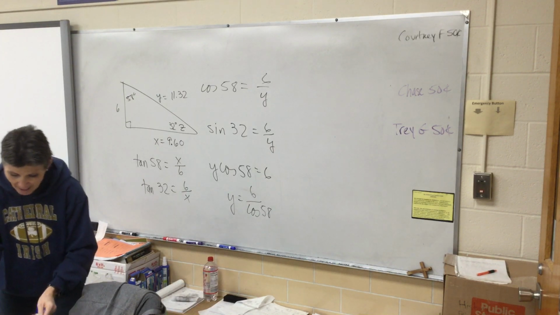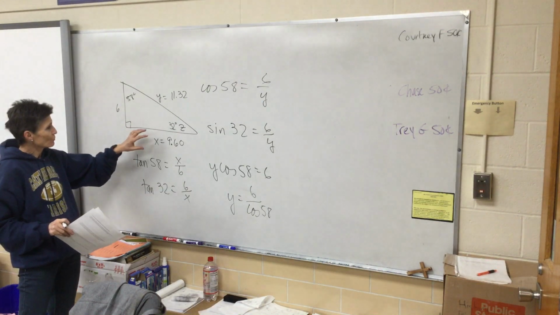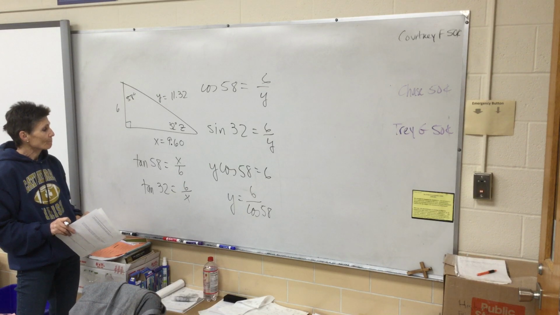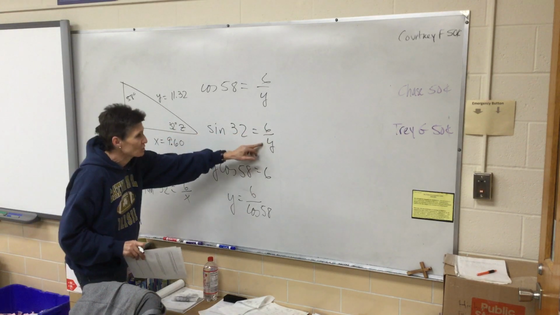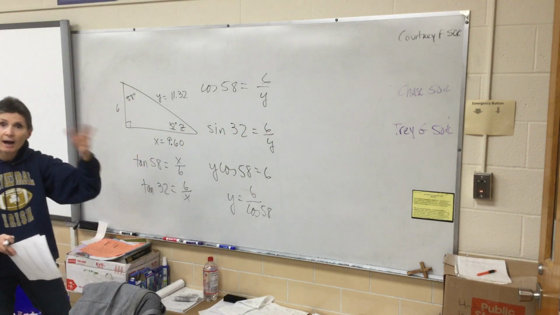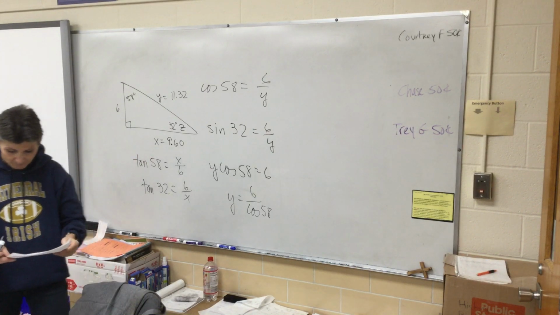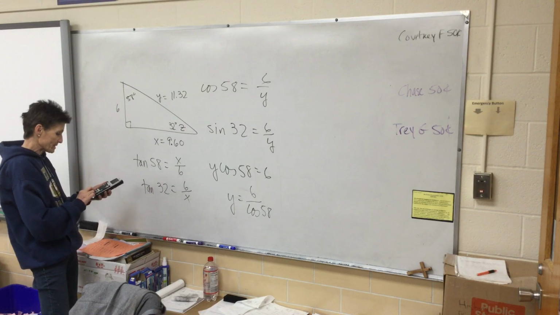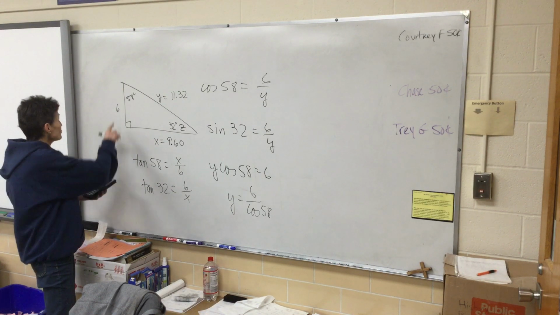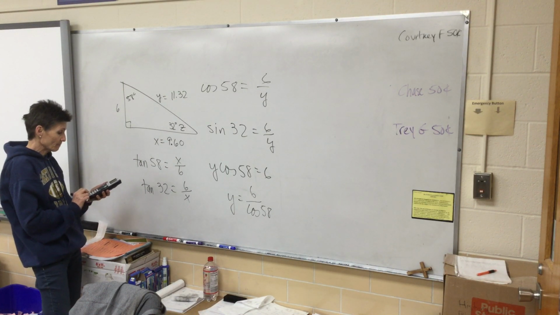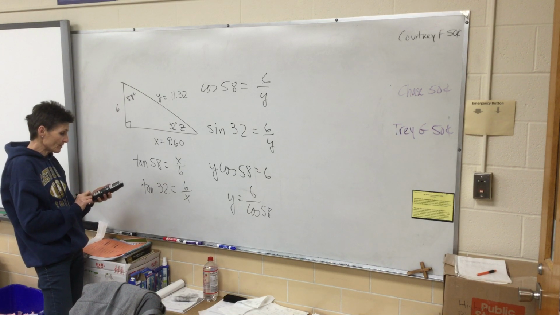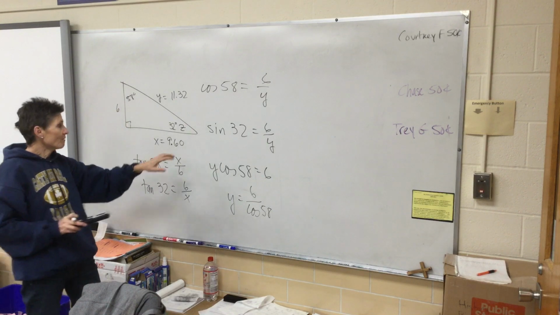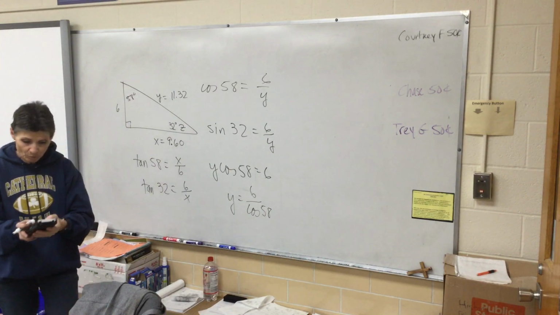It doesn't matter which angle you use, just make sure that you have it set up correctly in terms of the fraction, adjacent over hypotenuse or opposite over hypotenuse or whatever. A quick check if you want to: if you square 9.6 and you square 6, and then you take the square root of that, you should get this. It may be slightly off because of the round off, but it should be really close.